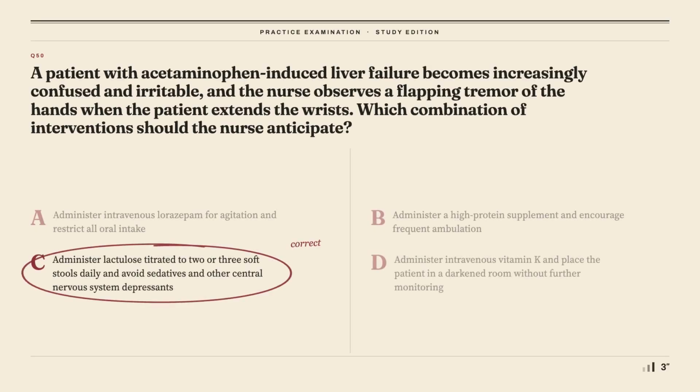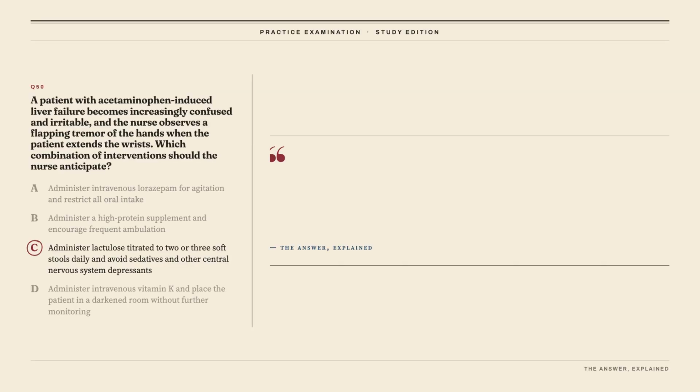The correct answer is C. Administer lactulose titrated to 2 or 3 soft stools daily and avoid sedatives and other central nervous system depressants. C is correct because asterixis with confusion signals hepatic encephalopathy driven by ammonia, which the failing liver can no longer convert to urea.